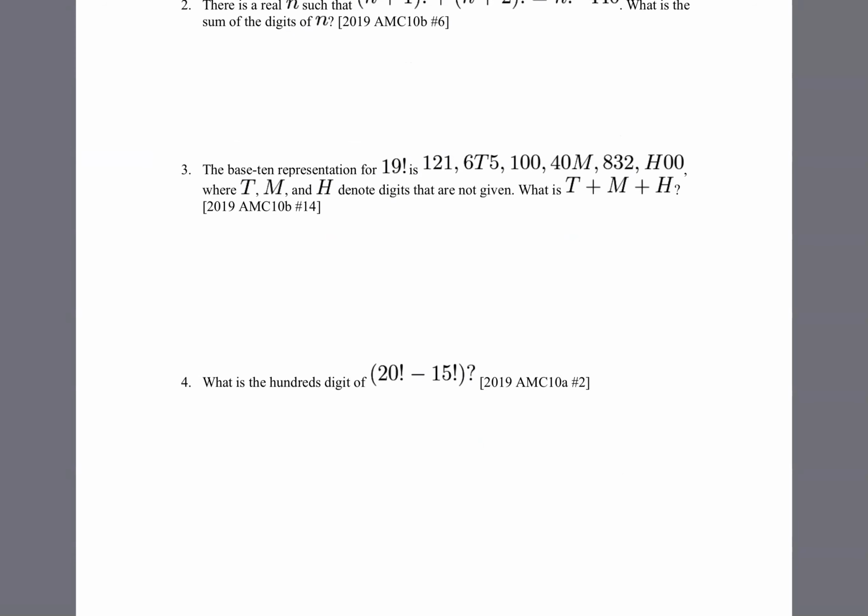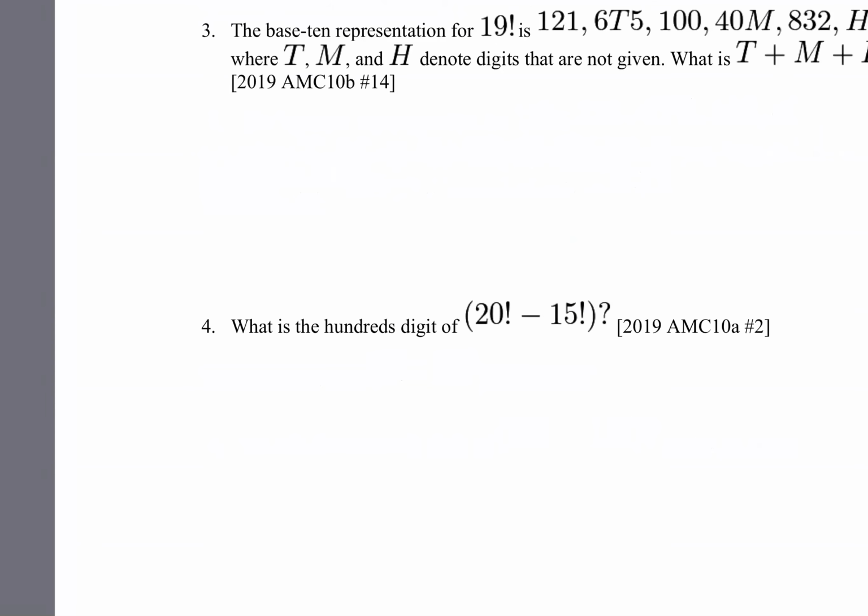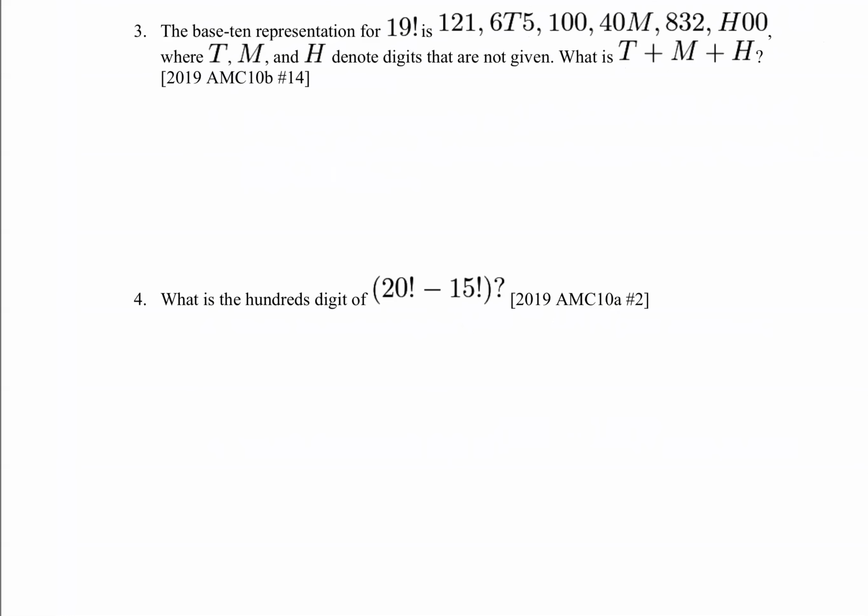We know that 20 factorial equals 20 times 19 times 18 times 17 times 16 times 15 factorial. So factoring out the 15 factorial, we get 15 factorial times (20 times 19 times 18 times 17 times 16 minus 1), right? So why doesn't this work?